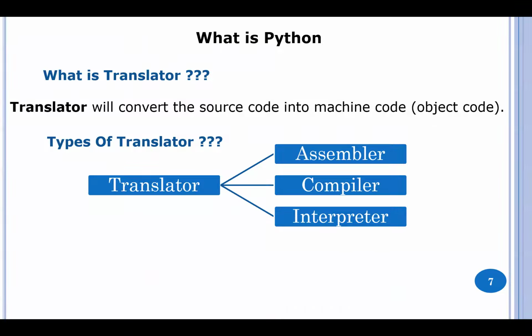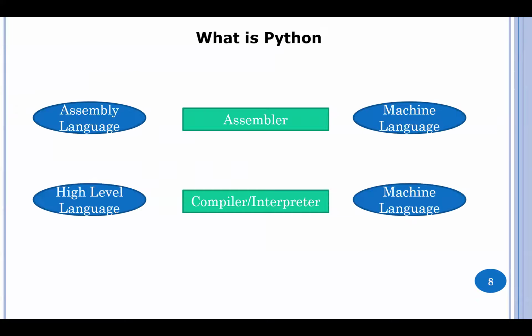Now there are some pros and cons in the compiler and interpreter, that we will also see. So you understood that assembler is converting assembly language to machine language, and compiler and interpreter convert high level language to machine level language.